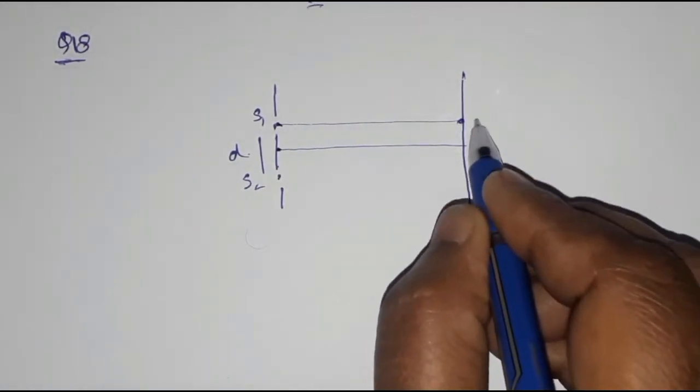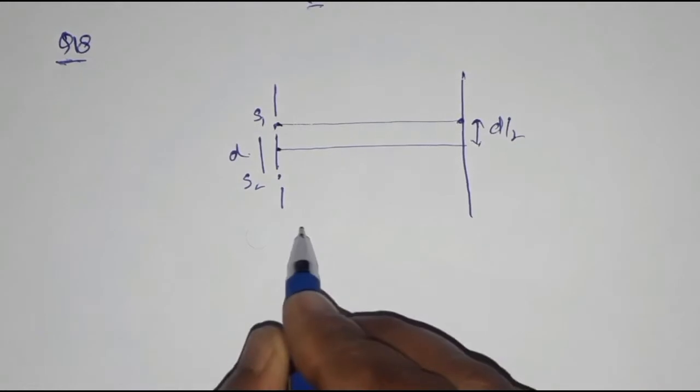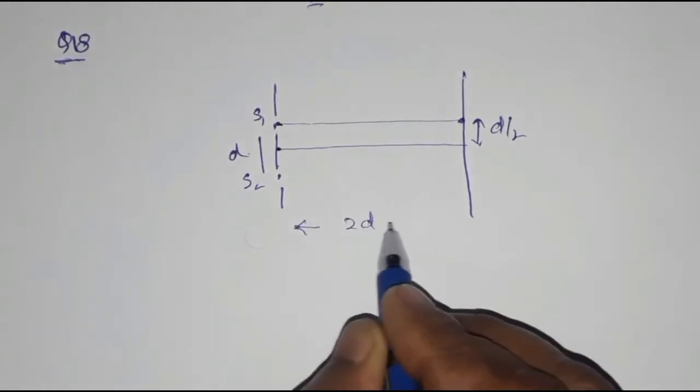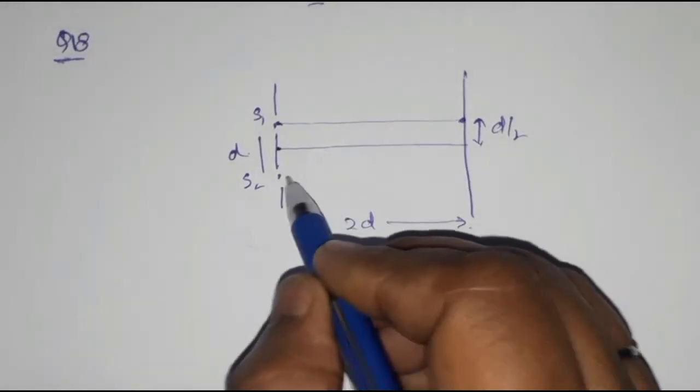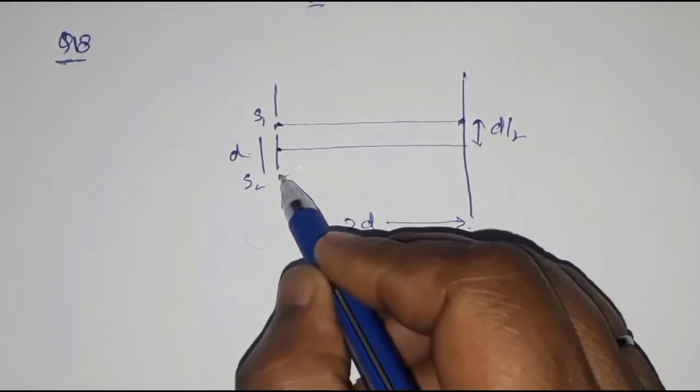So understood, this is d by 2 and this distance is given as 2d. That means the first minima is obtained here.